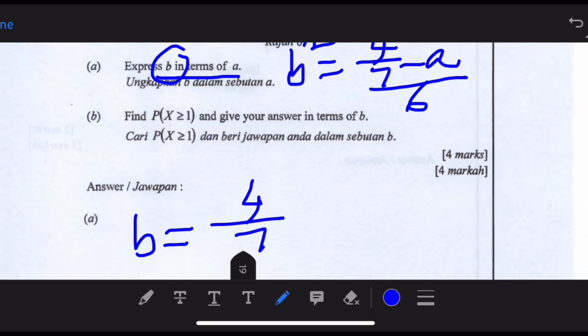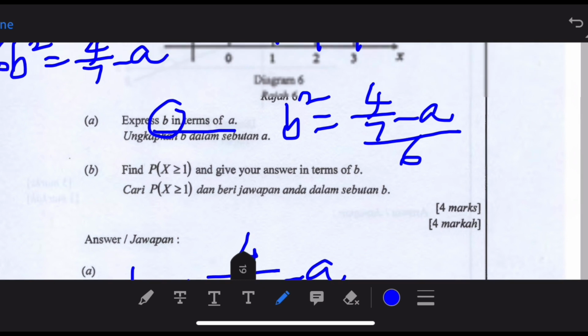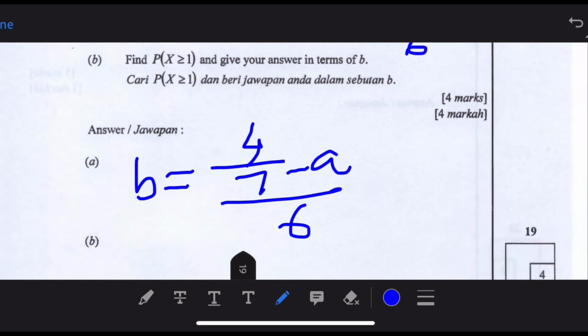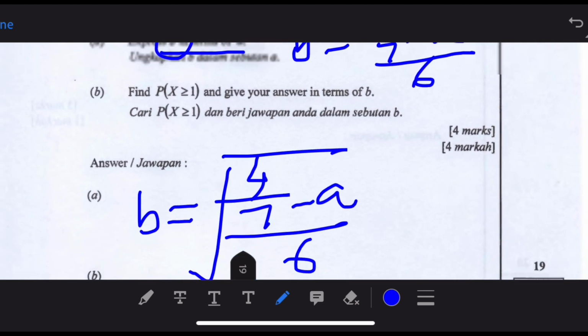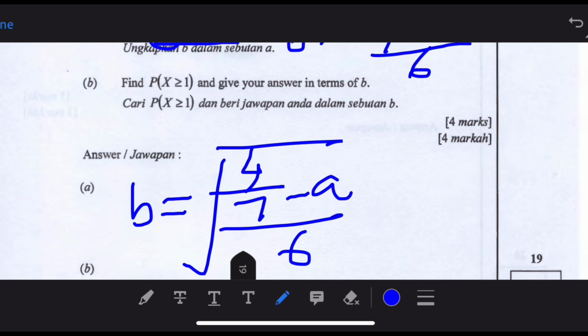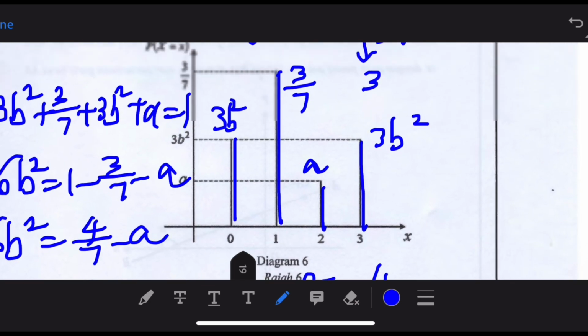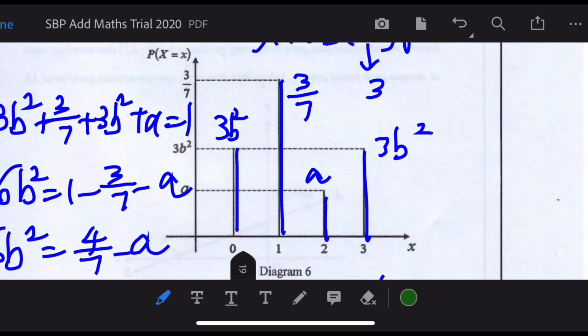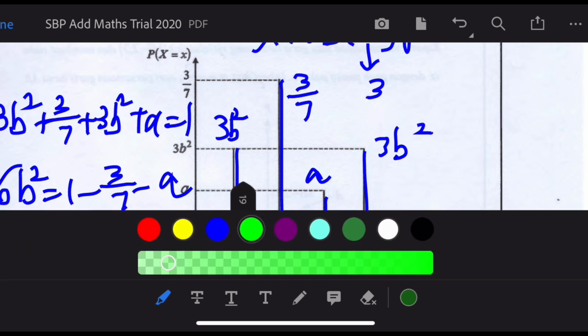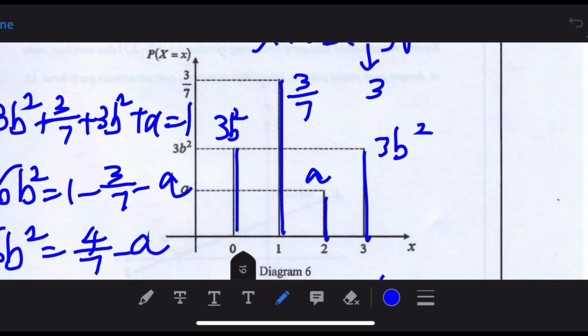Okay, you need to divide by 6 before you square root. So finally the answer is square root of 4 over 7 minus a, over 6. Alright, so now part B is asking to find the probability value for x more than or equal to 1.